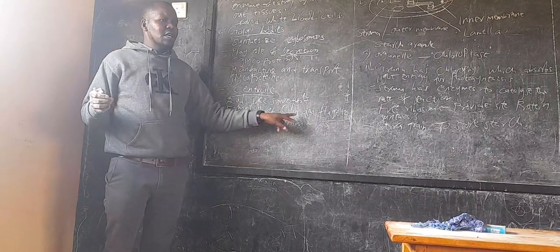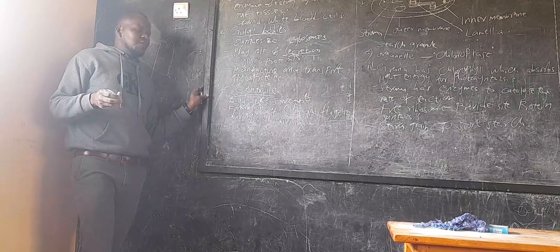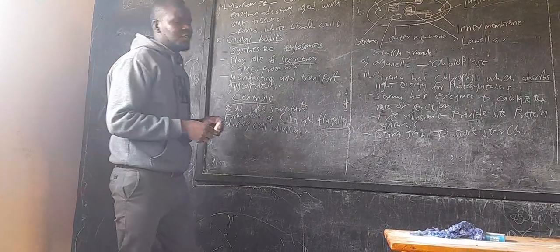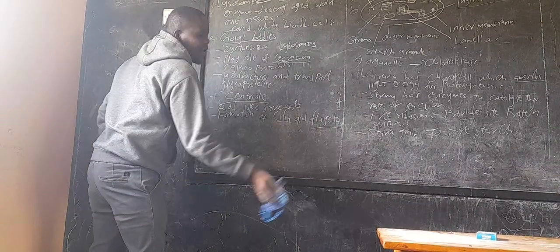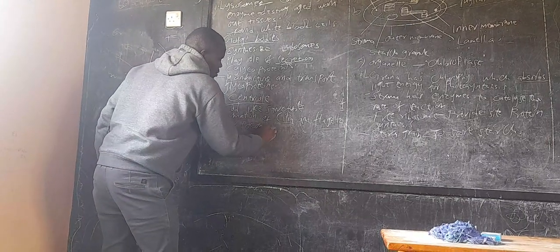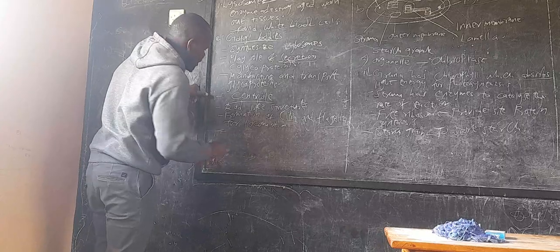So these structures are used for locomotion. It's not during cell division, sorry. Formation of cilia and flagella is for locomotion.